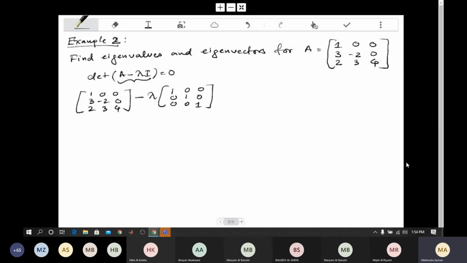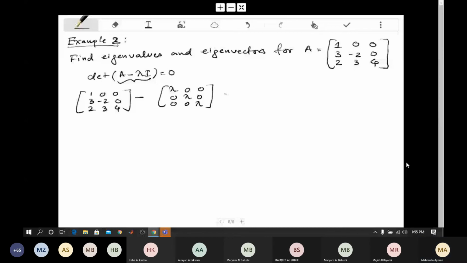If you multiply the lambda inside the identity matrix, instead of all of these ones, you will get lambda, right?